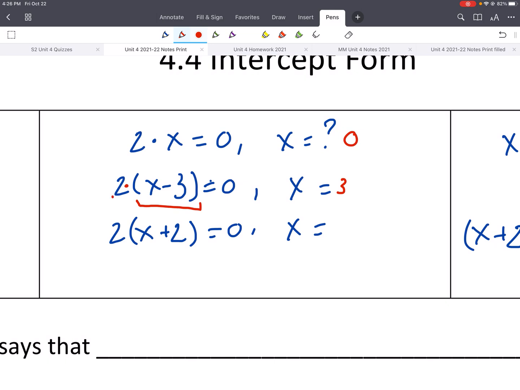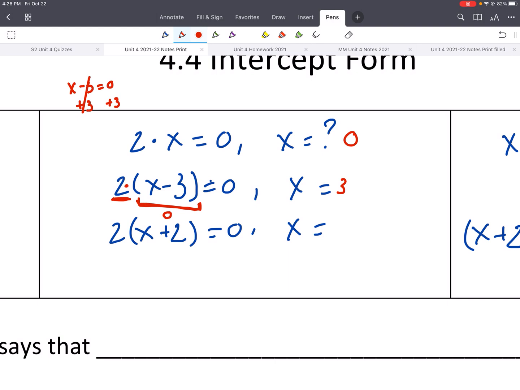So our total left side has to be equal to 0. And obviously 2 isn't 0, so the other thing that we have has to be 0. So we could do x minus 3 equal to 0, and we could just add 3 to both sides, and we would get that x is equal to 3.